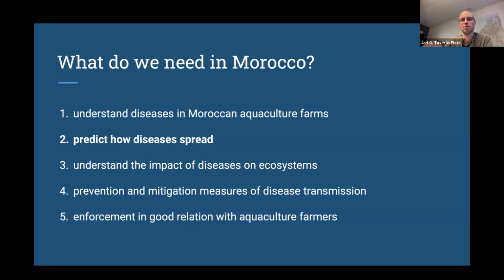Then we need to use tools to predict how these diseases spread, to analyze the risk of such transmission. Then we need to understand the impact of such diseases on ecosystems. And we need to develop prevention and mitigation strategies. And we need to enforce all these things in good relation with the industry, with the aquaculture farmers and fishermen.